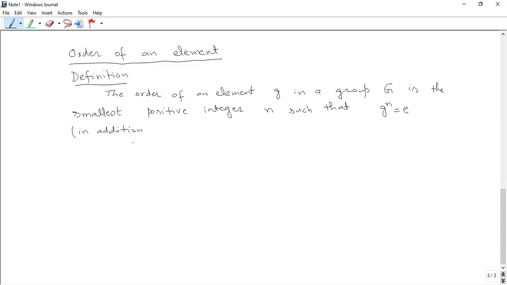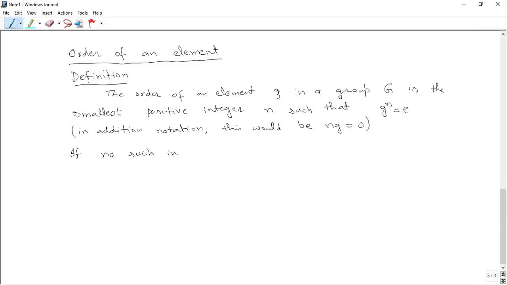And if the group is under addition, then the notation of this would be ng. ng means we have added g n times. It should be equal to 0 because with respect to addition, the identity is 0.